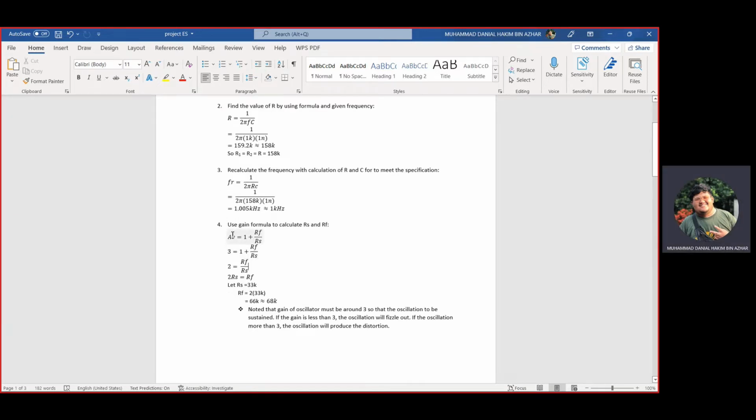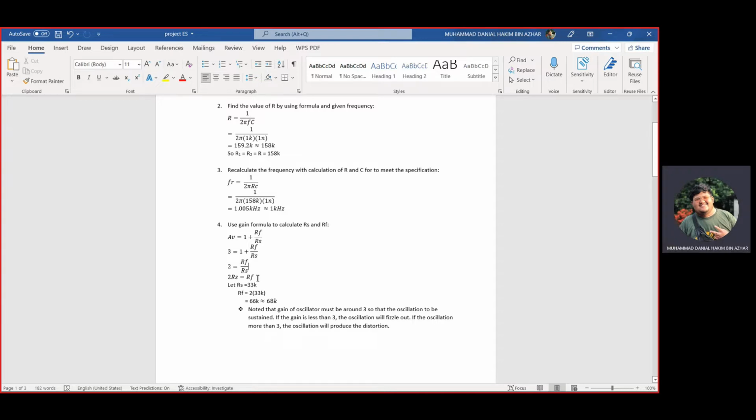The next calculation is the gain formula to calculate RS and RF. The formula is AV equals 1 plus RF divided by RS. AV equals 3, so 3 equals 1 plus RF over RS. This is the calculation. Let's say RS is 30k.